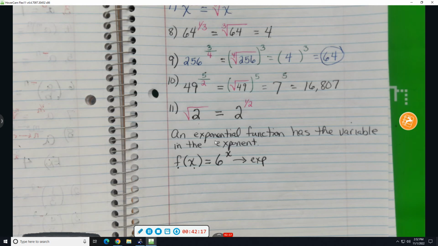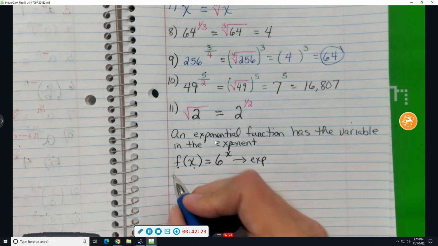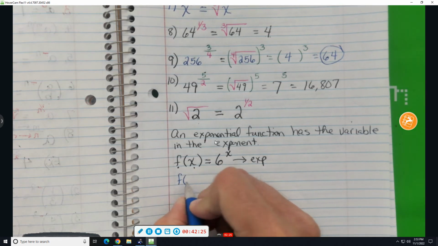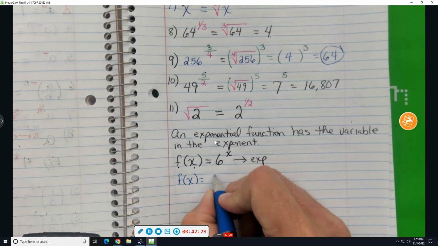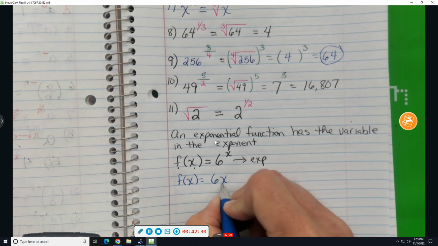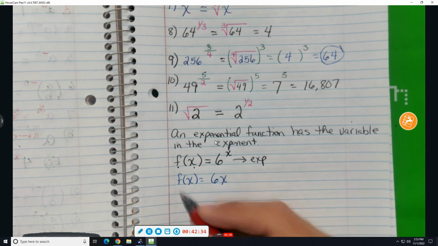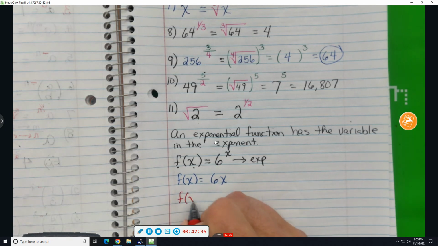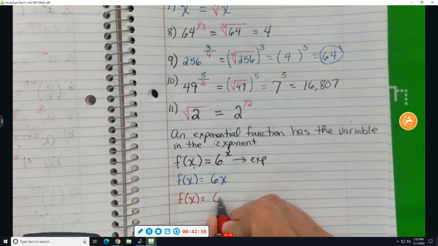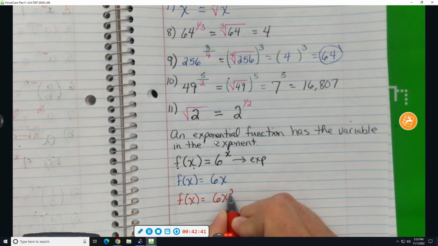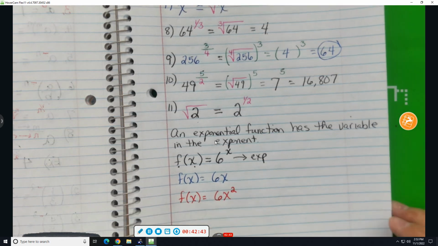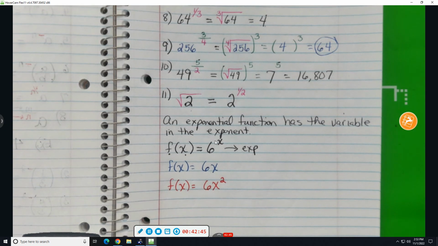I'm going to write 3 functions here, and we're going to label them either exponential, linear, or quadratic. If we had this function, f of x equals 6x... One of those functions is linear and one of them is quadratic.